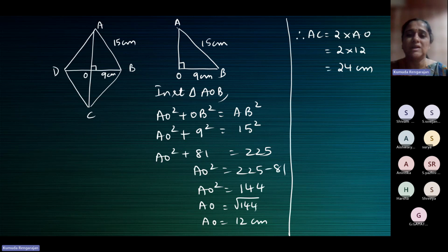Remember, when the length of one diagonal of the rhombus and the length of the side are given, using this and the Pythagoras theorem, you can find AO, which is half the length of the other diagonal. Double it to find the length of the other diagonal AC.